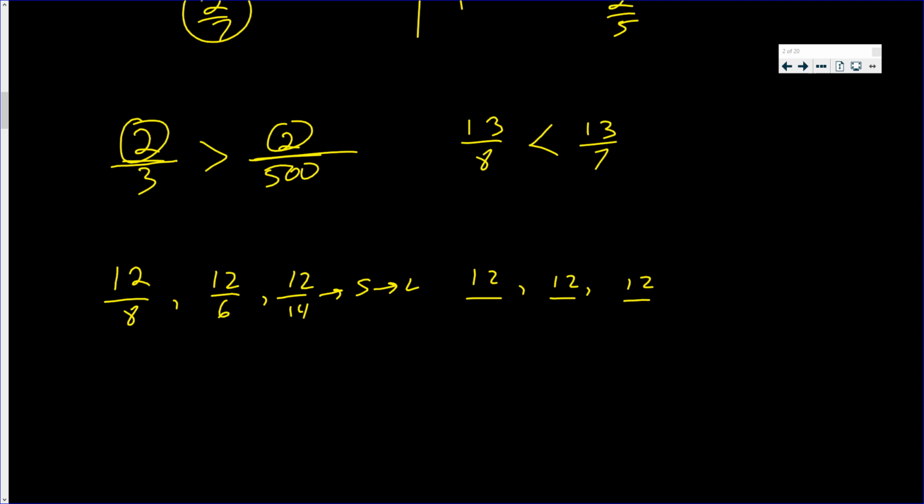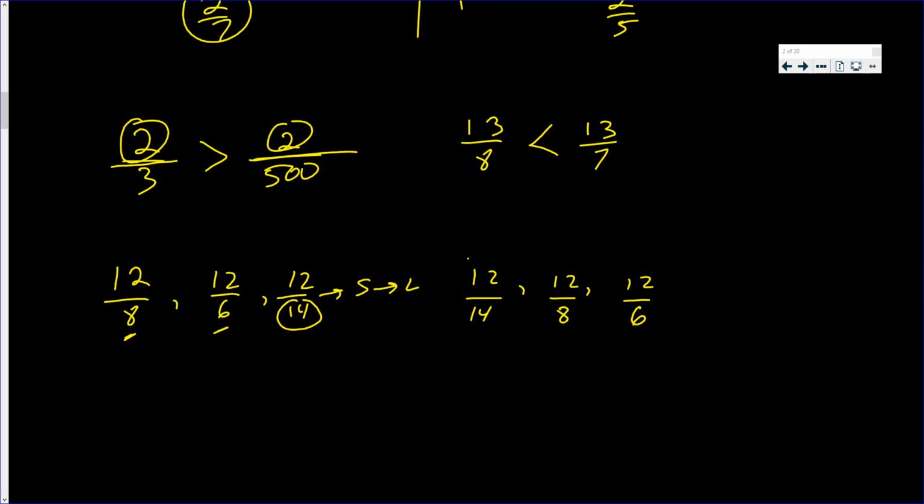Now, the more you share these 12 units with, 12 pizza pies, 12 slices, 12 apple pies, if you share it with 14 people, that's the most you're sharing with. That's going to be the smallest. If you share it with 8 people, that's the second smallest, and then 6 people, that's the largest.